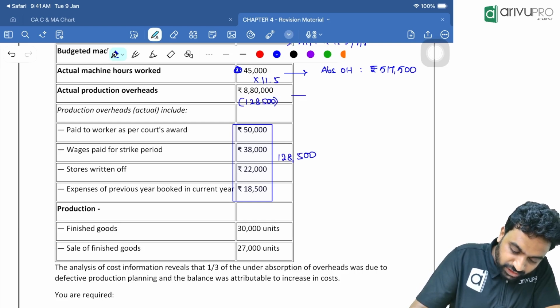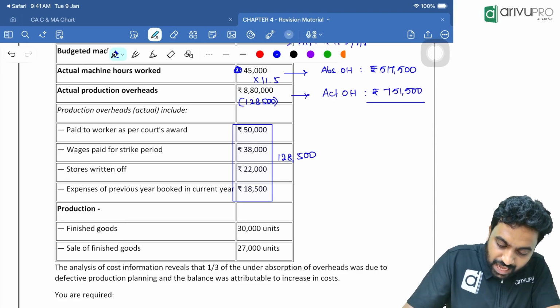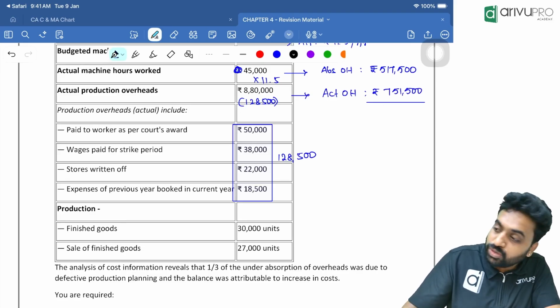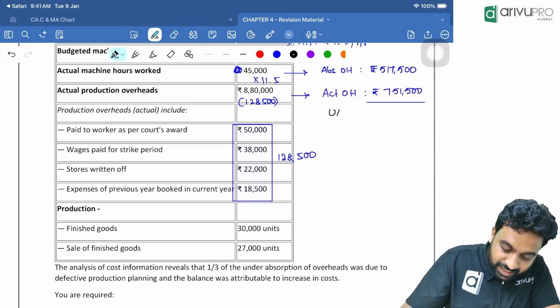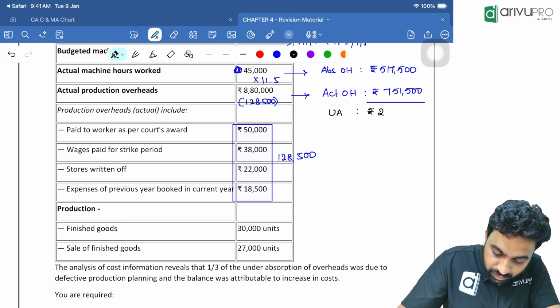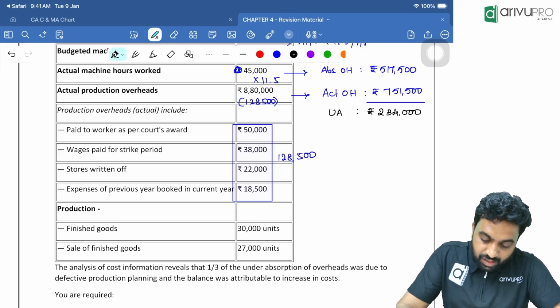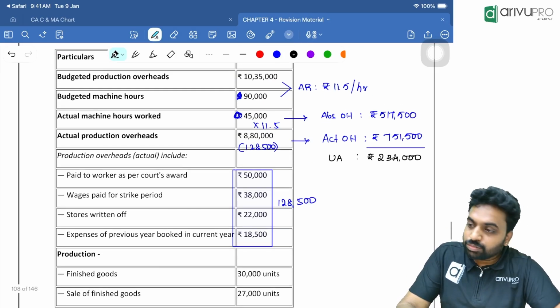So how much is your actual? 7,51,500. So of course actual overhead is still more than absorbed overhead. So it is under absorption. How much, guys? Sorry, 2,34,000. Is that clear? Now you understood up to under absorption?